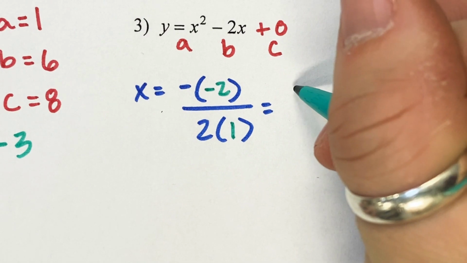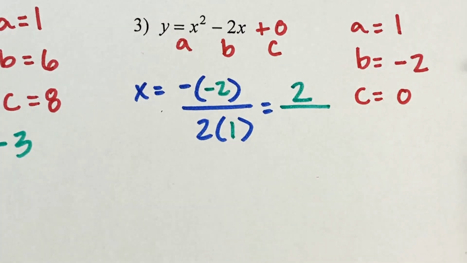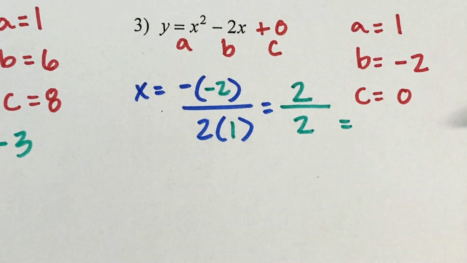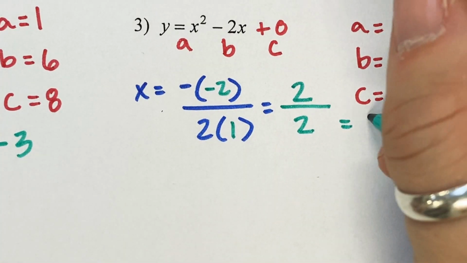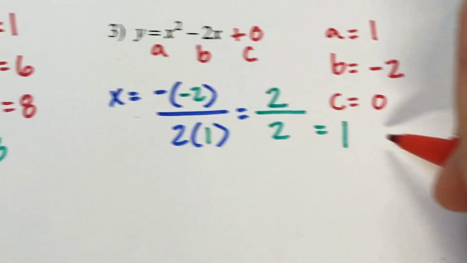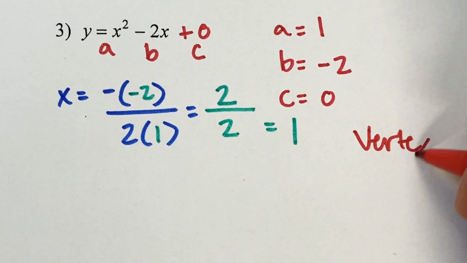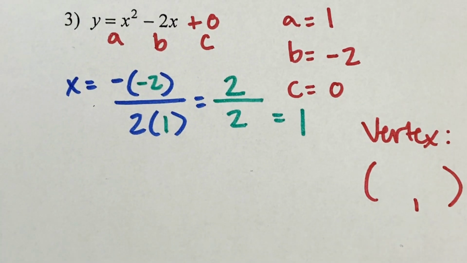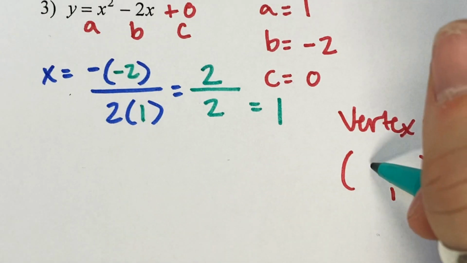It turns into a positive, so positive 2. 2 times 1 is 2. What is 2 divided by 2? Just 1. So we'll write our vertex over here for this one. We found the x part. The x part is 1.